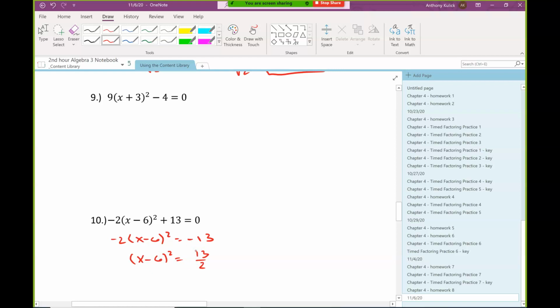So far, so good, Ava? Okay. And then we'll square root both sides, because when we square root both sides, we get a plus or minus. And then we'll break that square root across the fraction, and then we'll add the 6 over.